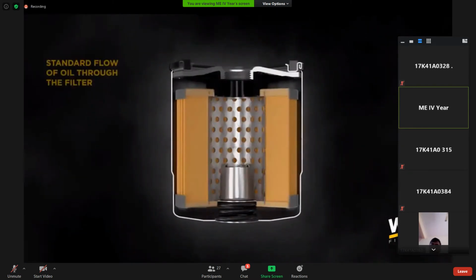Yeah. So this cross-sectional diagram you have seen in a 2D or schematic representation. You can see here the oil was coming from this side and it is moving in this direction, and then it was going through the filter media, and finally it was going back to your oil galleries.